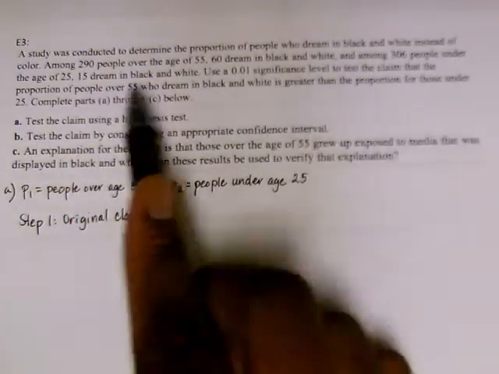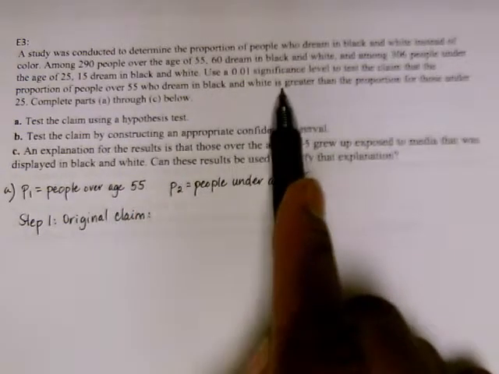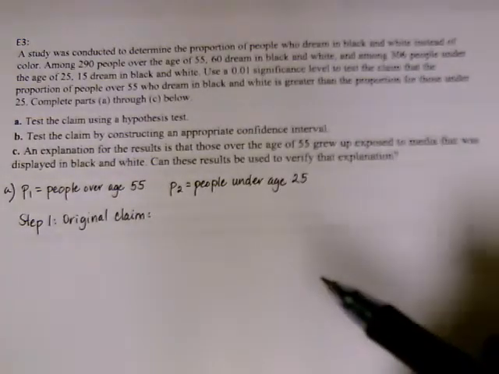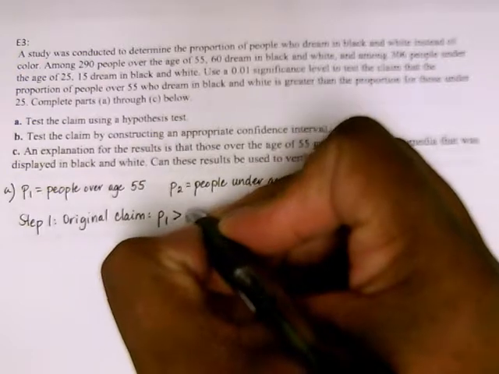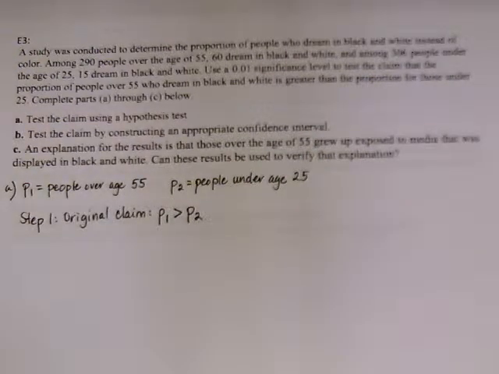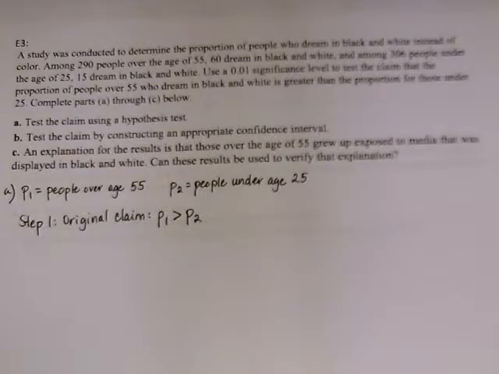Now, our claim is that the proportion of people over 55 who dream in black and white is greater than the proportion for those under 25. So now, P1 greater than P2, because P1 represents the proportion of people over the age of 55, and that's going to be greater than P2, which is the proportion of people under age 25.